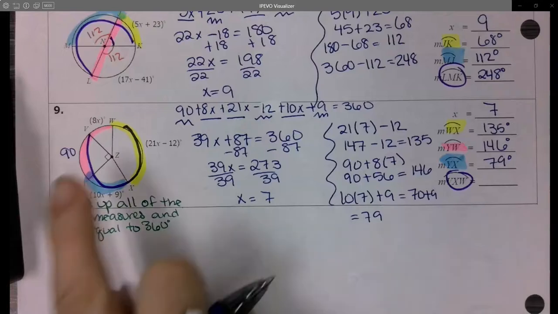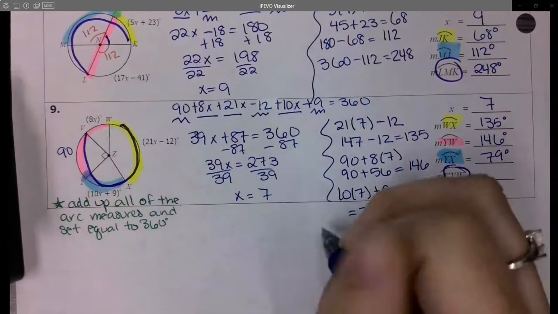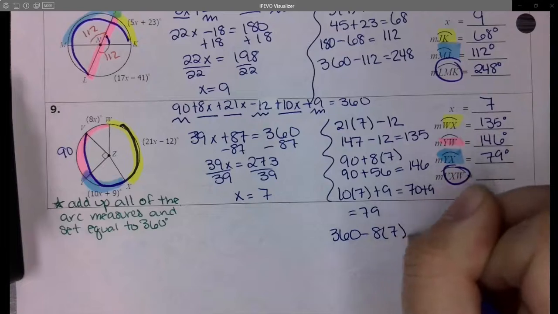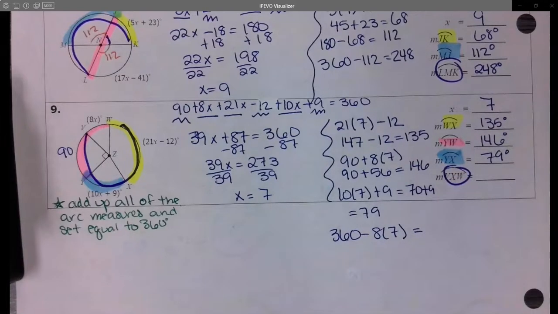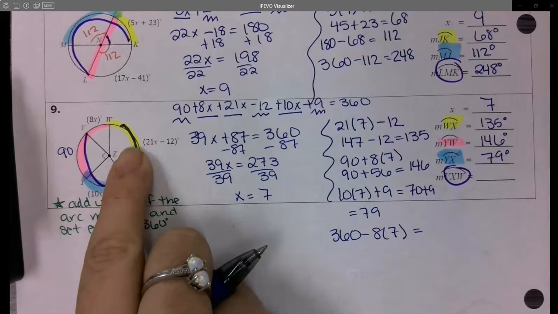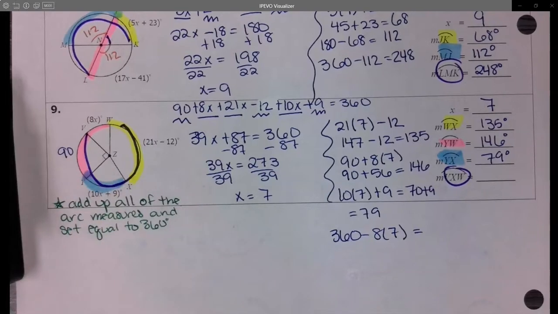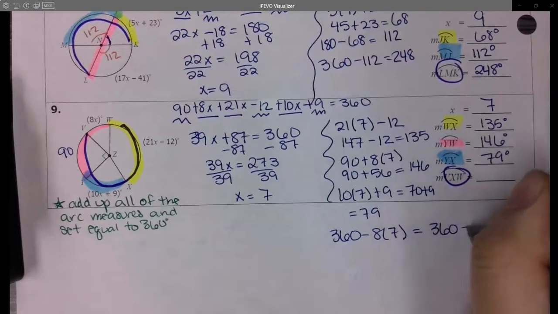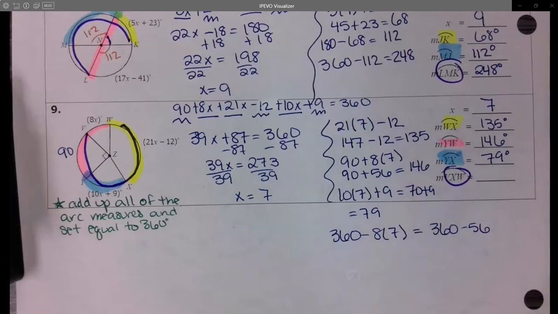No. So I know everything except for the 8x. What I'm going to do here is 360 minus 8 times 7. I could have also, since I know that this one's 90 and I know the values of YX and WX, added those three together. So 8 times 7 is 56, and 360 minus 56 is 304.